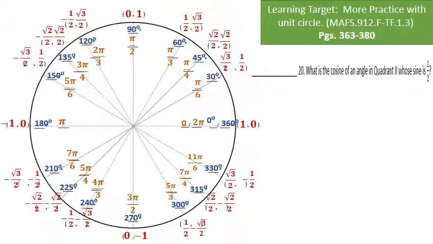All right, so what you have to do is decode this question. Cosine, what is that referring to? Remember, cosine is always the x value. So reread this with this change and it will make a lot more sense. Remember, cosine is our x value, sine is our y value.